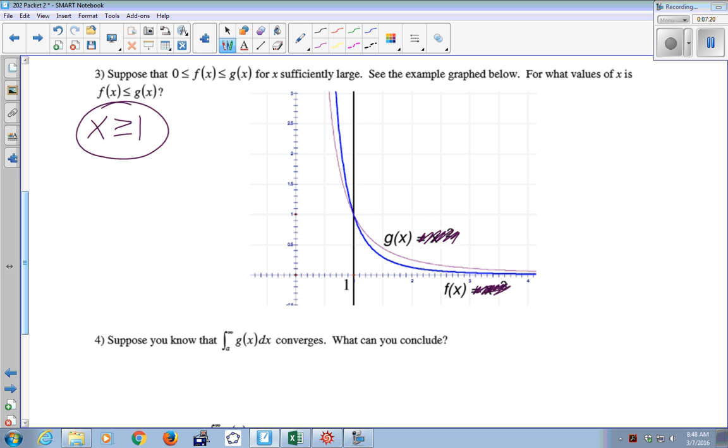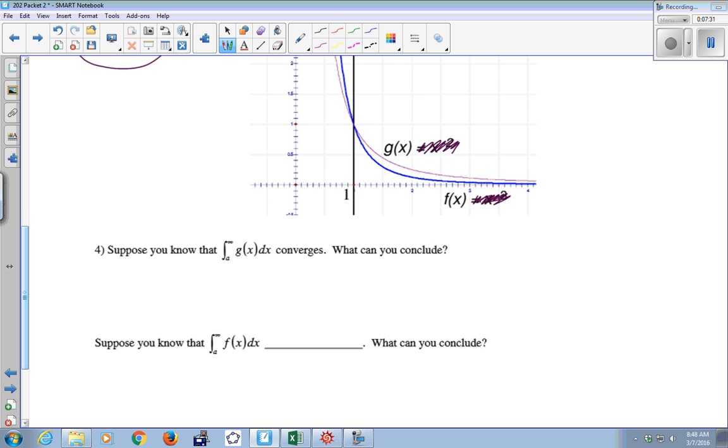So if I know that the integral from some number a to infinity converges, that means that the area under g, the area under the pink graph here, is finite. Some finite amount of area under g, right? What can you conclude about how much area is under f?